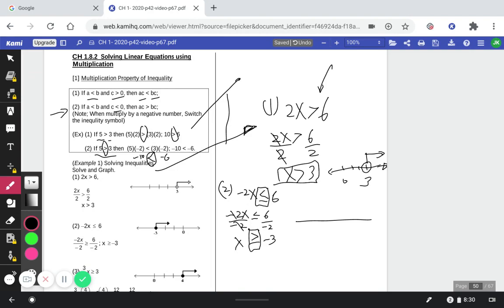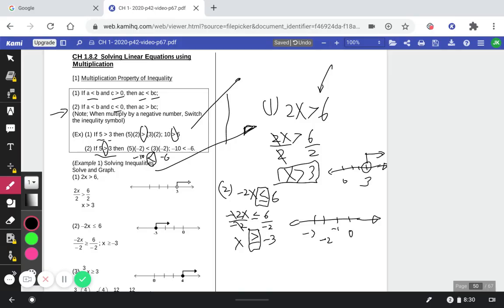And graphing this, we start from 0, because I know we're supposed to indicate the negative value. Here is 0, negative 1, negative 2, negative 3.